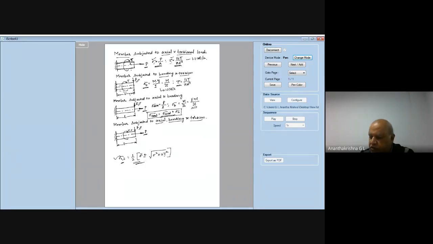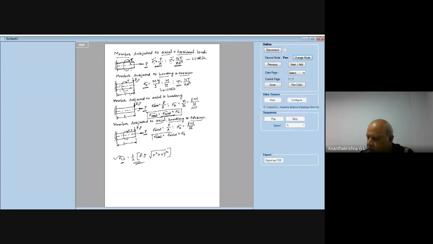In such a case, find out sigma axial given by load by area of cross section. Then find out the bending stress, that is F into L, the moment, divided by section modulus, which will give you the bending stress. Therefore sigma total is equal to sigma axial plus sigma bending.